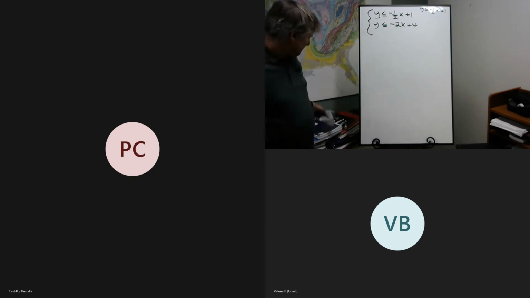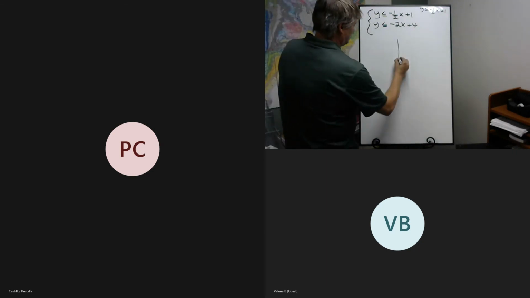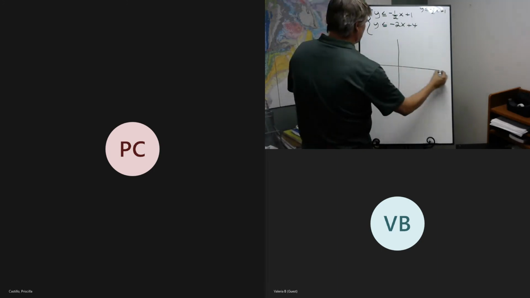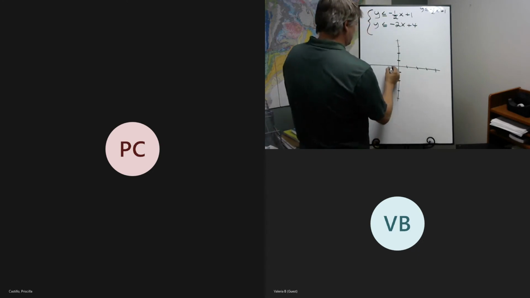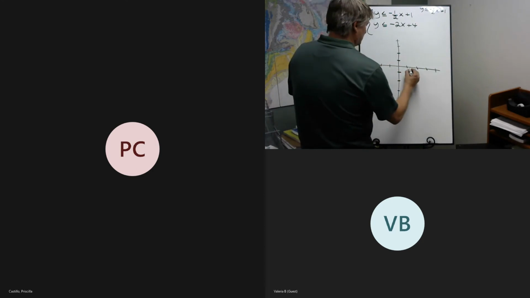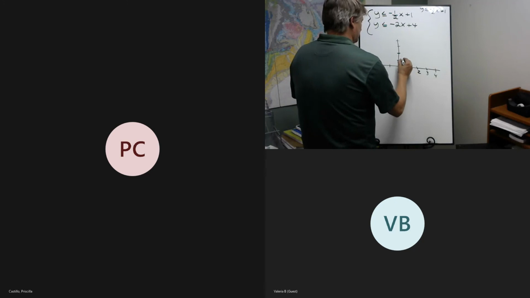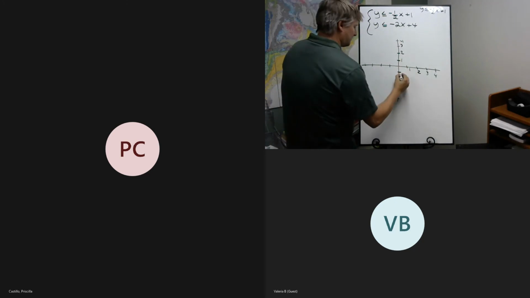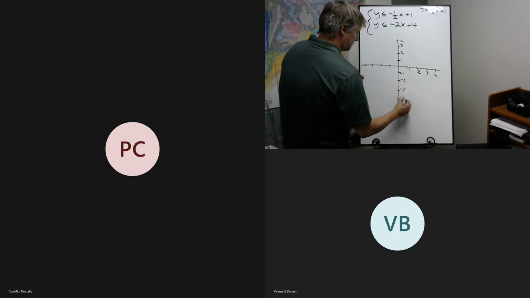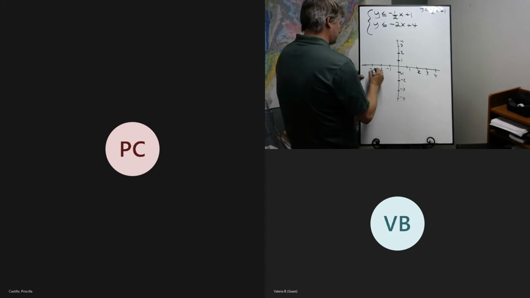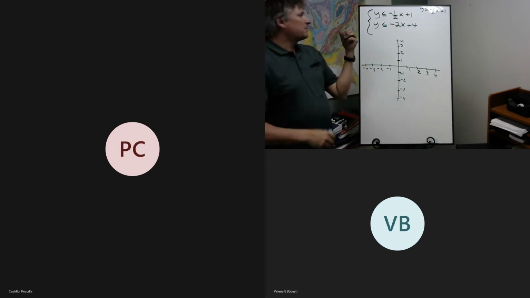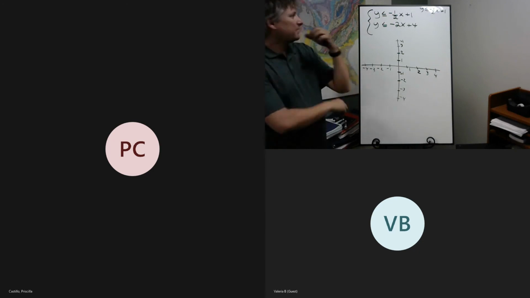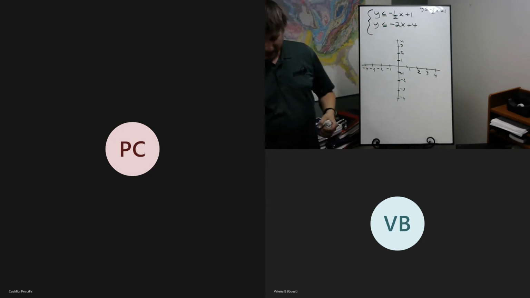So starting with this first one. We're going to graph these as if the inequalities aren't there, that these here are going to be equal signs.